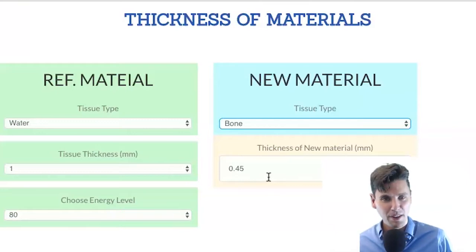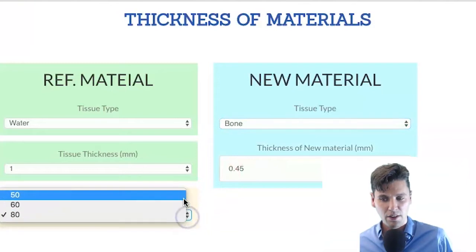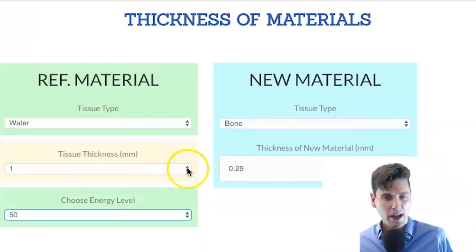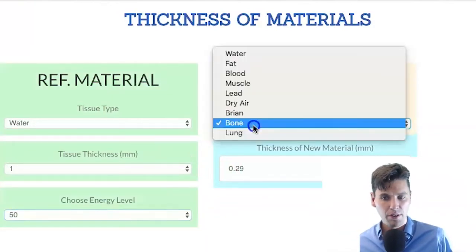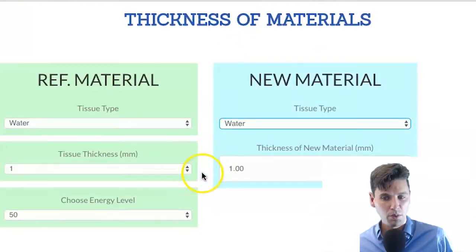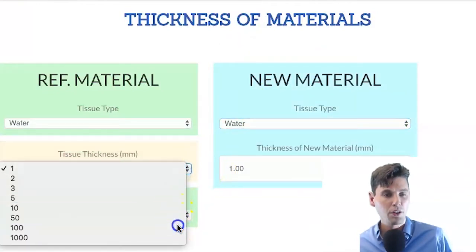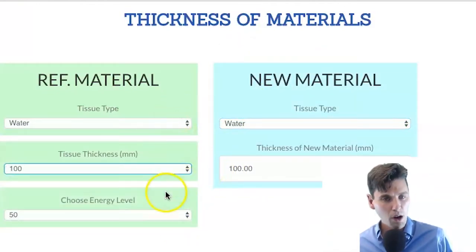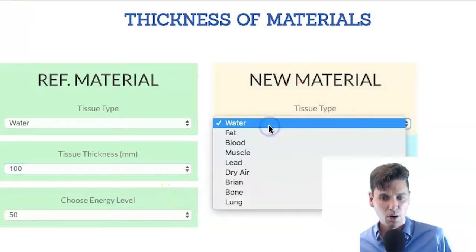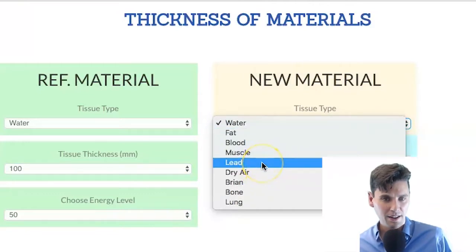Then let's look at something that's significantly different than that. So let's go back to 50 for a minute, and let's say water's our reference, and we'll start with water here, and then let's go to 100 millimeters of water. If we were at 100 millimeters of water, then we want to go from 100 millimeters of water and say something much more attenuating, right? So, for instance, lead.